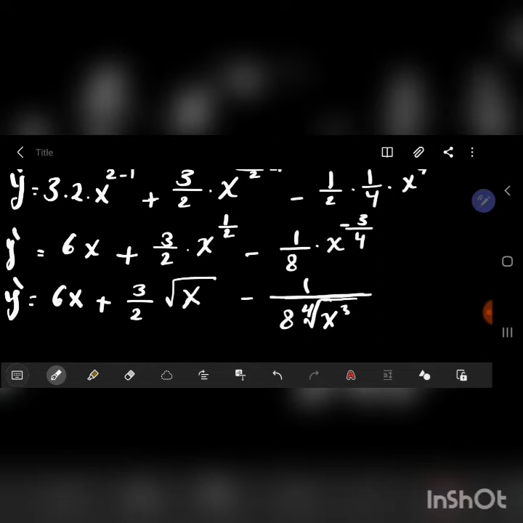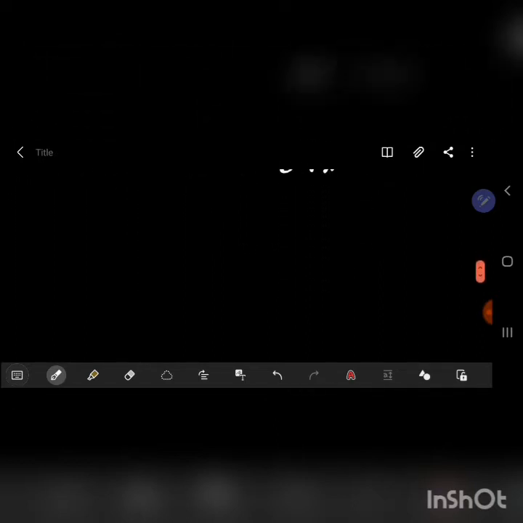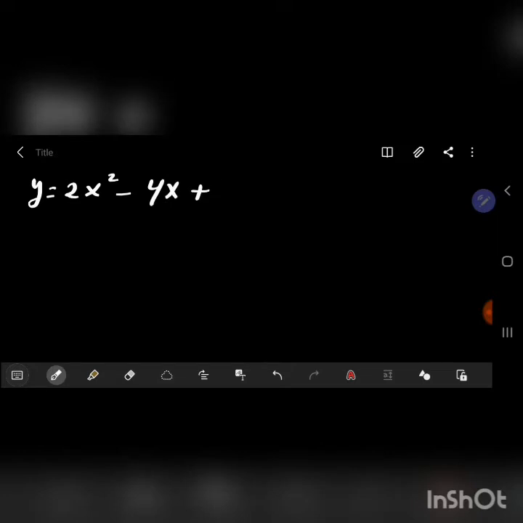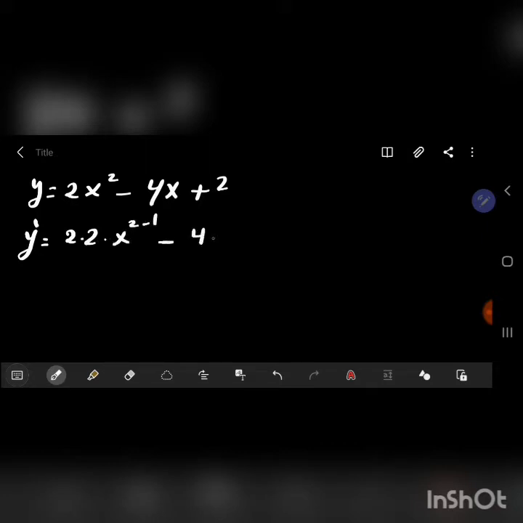Now I will take another example for you. Y equal to 2x squared minus 4x plus 2. Y prime will be, I will put the power by the number beside the variable, so 2 by 2 by x to the power 2 minus 1, minus 4 by x to the power 1 minus 1, it will be 1 by 4.